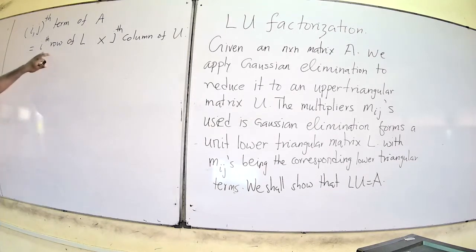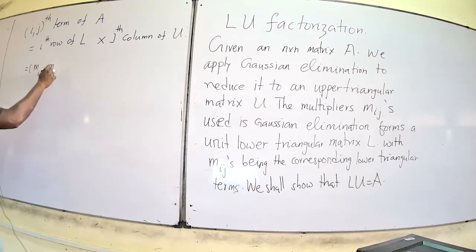So in an arbitrary multiplication, the ith row of L multiplied by the jth column of U will give you the ijth component. Let us write down the ith row: Mi1, Mi2, and so on up to Mi,i-1.